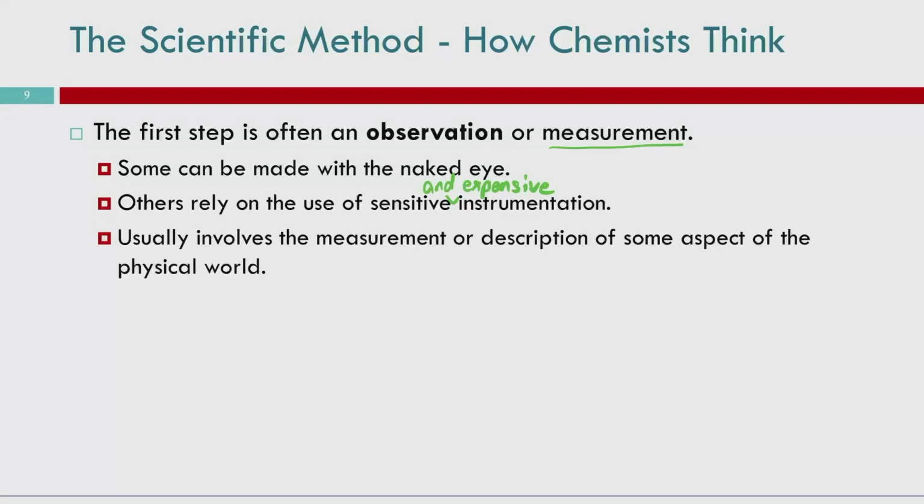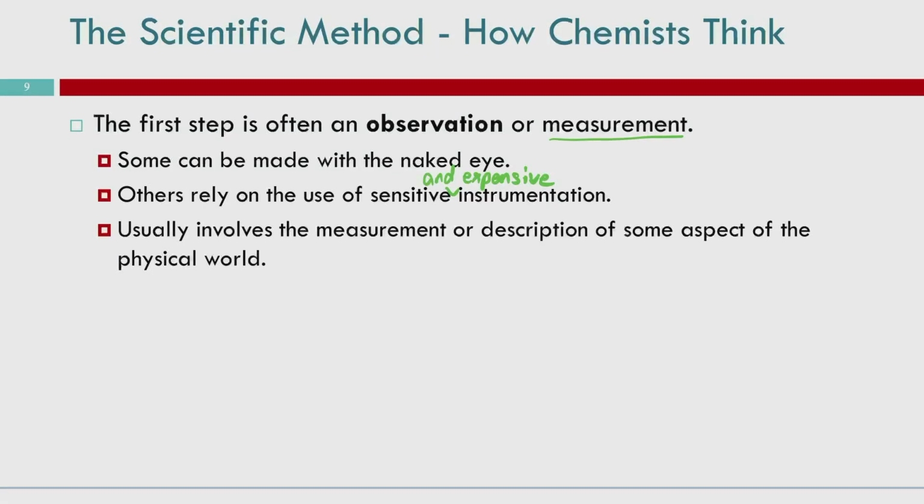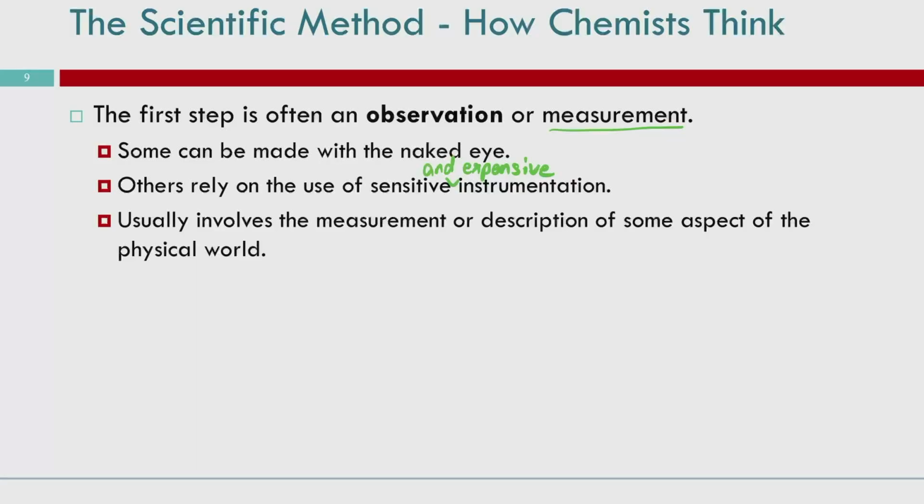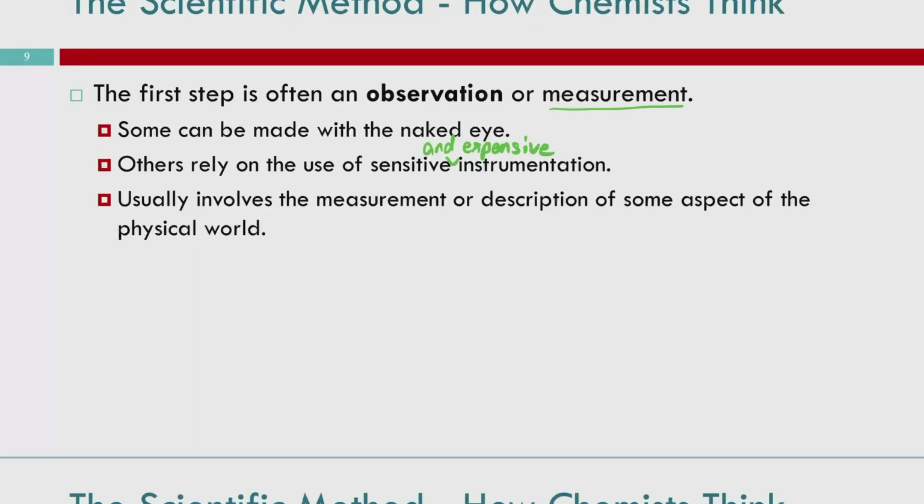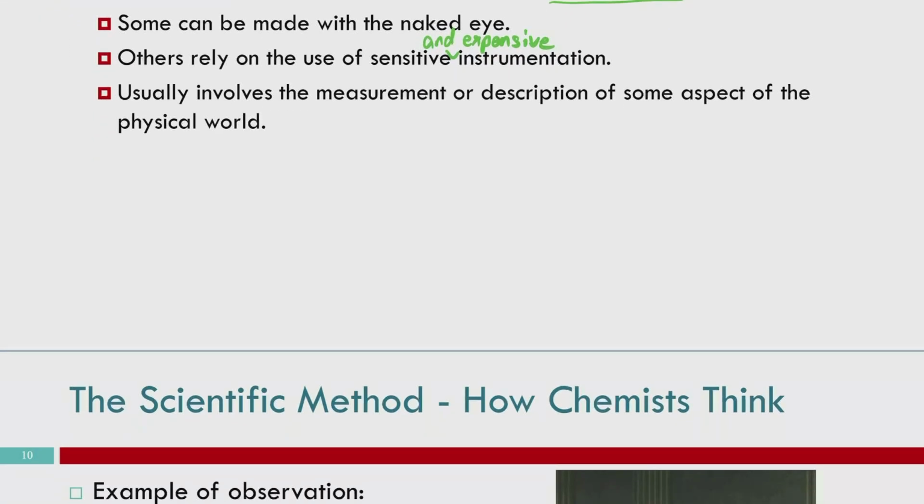You might need $500,000, $1 million worth of sensitive instrumentation and the skills and know-how to use them to make some of these observations. But it's going to involve some measurement or description of some aspect of the world.